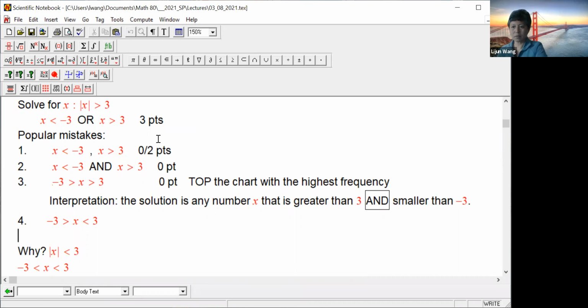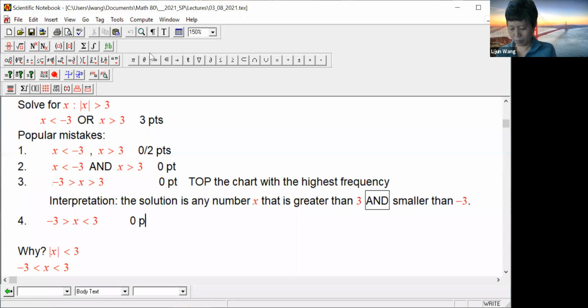Sometimes I see this. When you put them in this kind of connection, they should always point in the same direction. They don't point in different or opposite directions. So never ever do this. There's no such thing.